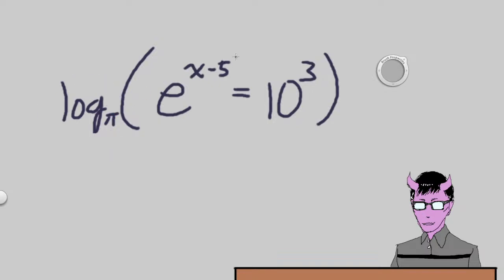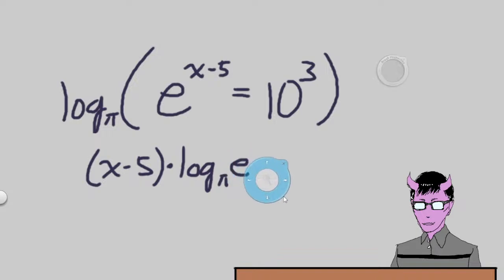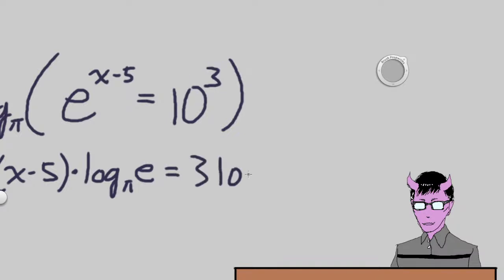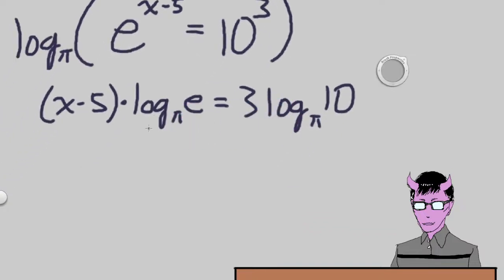So we're going to apply this function to left hand side. Again, just skipping a little bit of work. We're going to get x minus 5 exponential slammage. Then we have log base pi of e. Again, looks pretty gross. Now apply the log base pi to this side. So exponential slammage rule. Log base pi of 10. There we go.